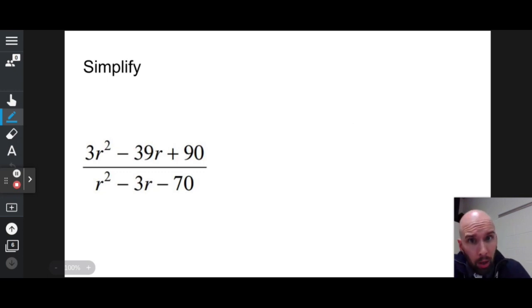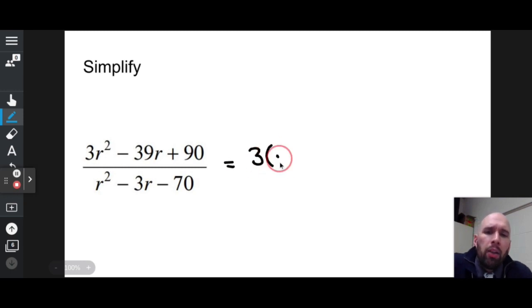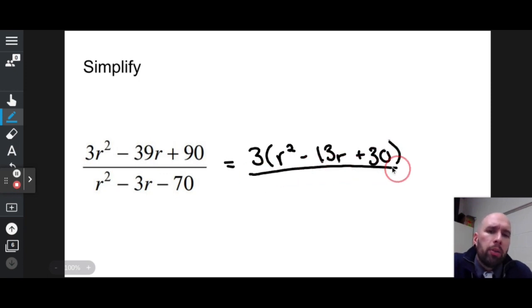What I can do is one more problem. Right away up here, I notice that I can factor a 3 out of everything. After I factor a 3 out, I have r squared minus 13r plus 30. Let's factor the bottom, the denominator. Two numbers that multiply out to negative 70 but add up to negative 3. How about r minus 10, r plus 3?